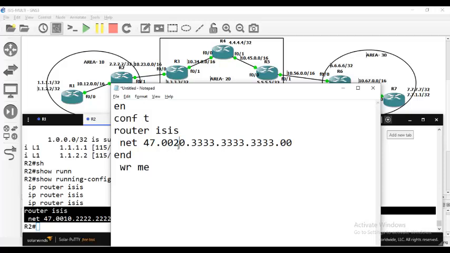And now I'll go under interface range, loopback 0, comma, interface f0/0-1. What is the command under the interface? Do you remember? IP router ISIS.